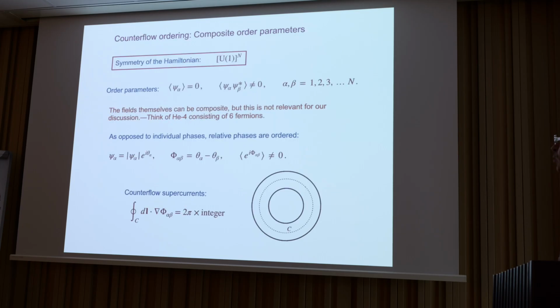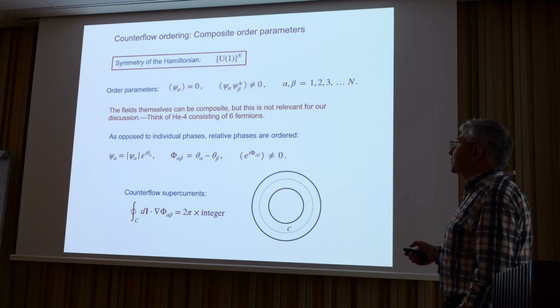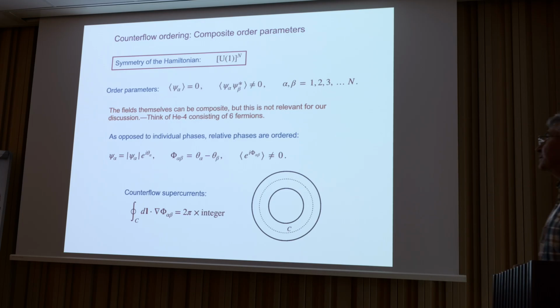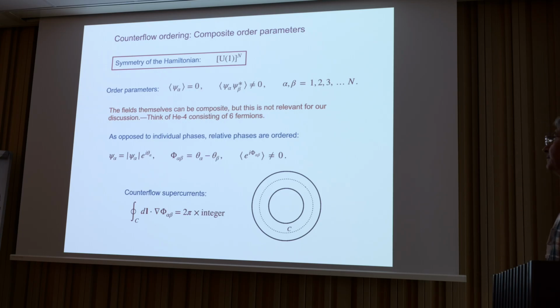So what are the orders? These were mentioned already. Essentially we have some field psi. It can be a microscopic field if we are talking of bosons. It can be a composite field on its own consisting of two fermionic operators. Those details do not matter. For example, when we think of helium-4, we introduce just one field.